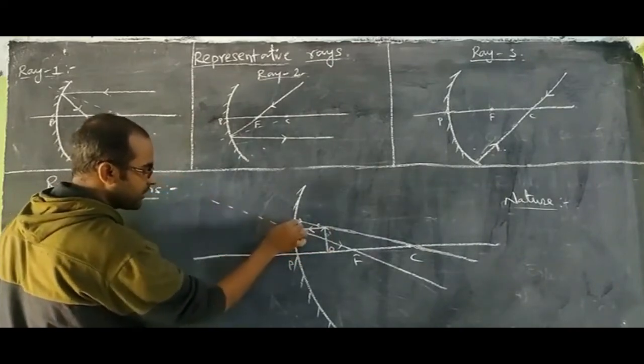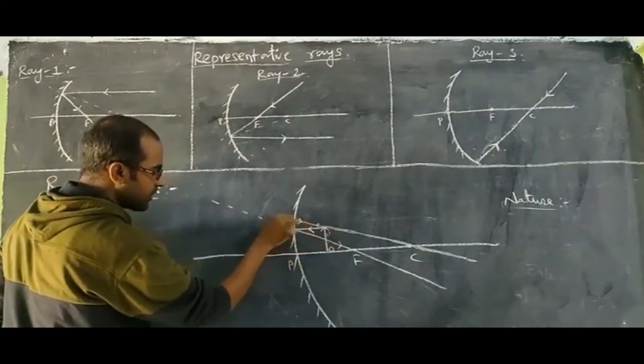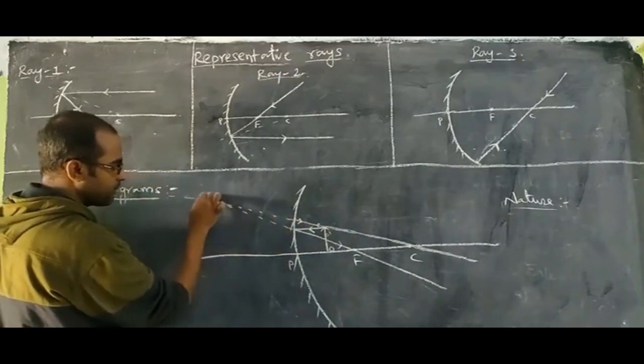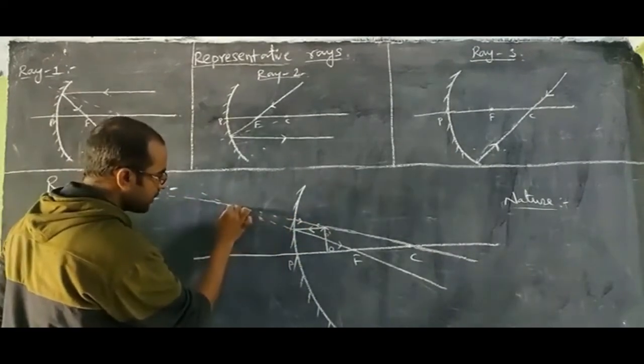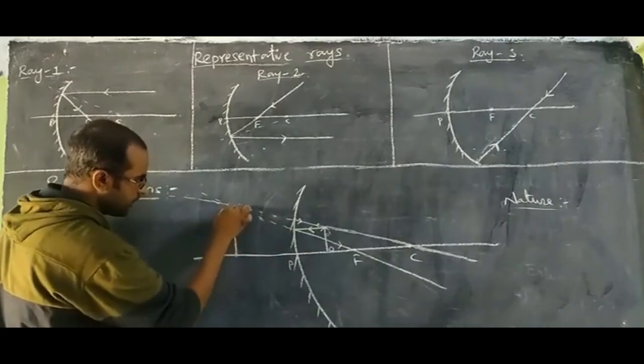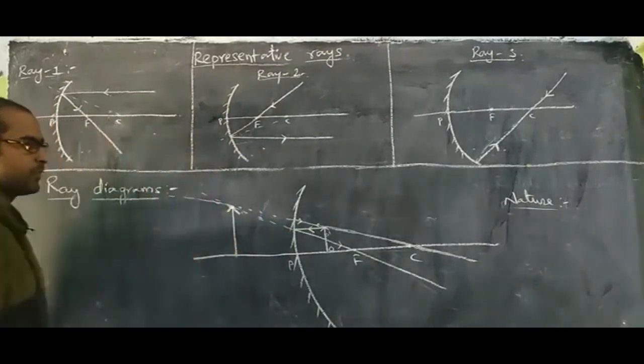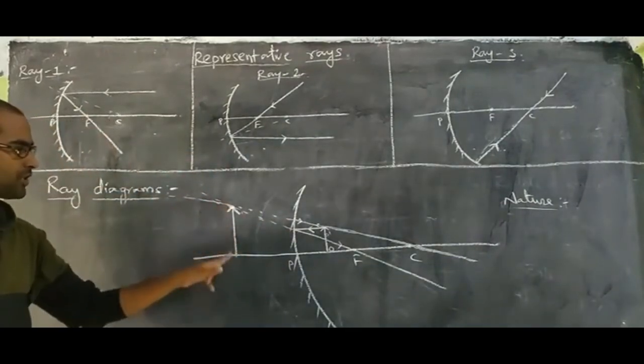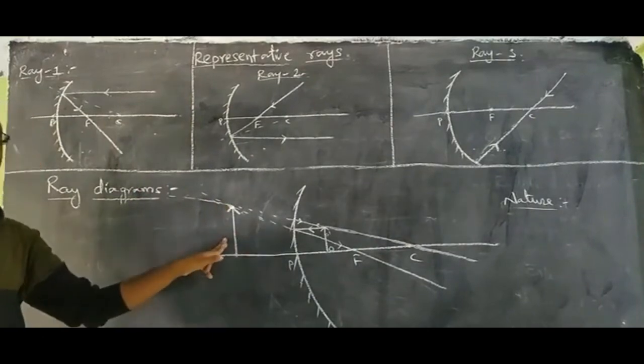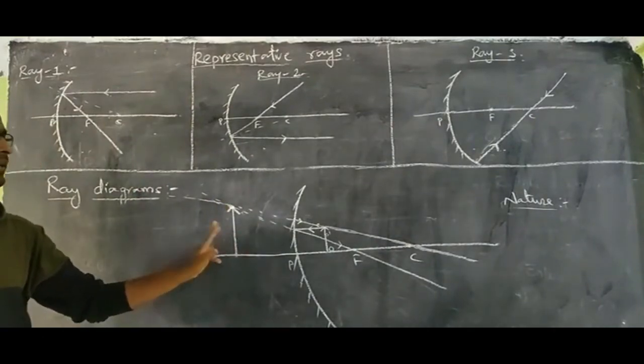This ray is extended, and this reflected ray is also extended. So here the image is formed, here these meet together. What happened here? An enlarged image is formed, and it is formed inside the mirror.